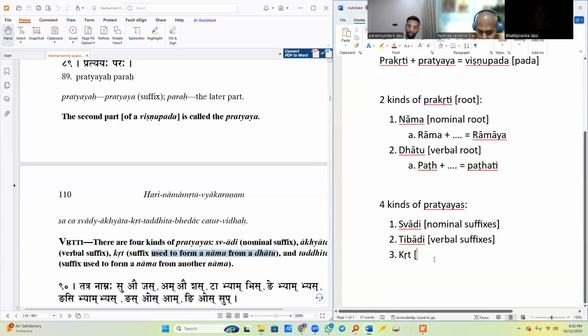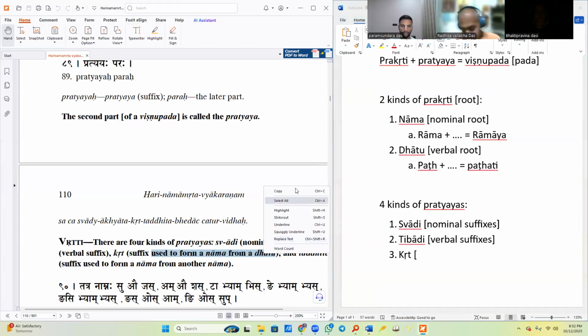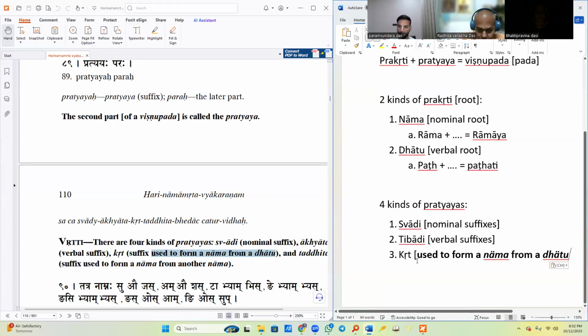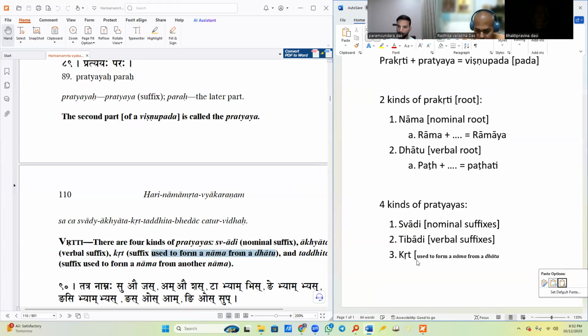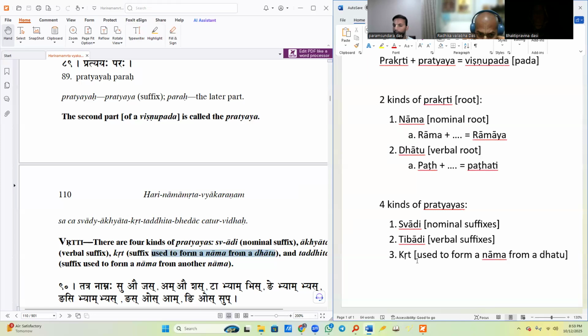So now what happens here is, these suffixes are applied after a dhatu.